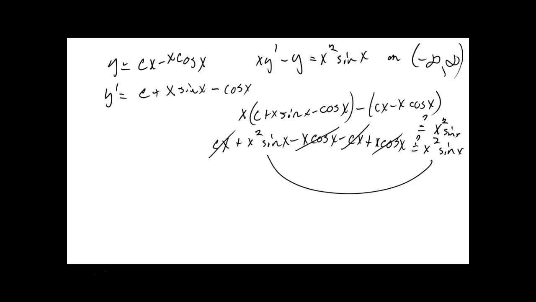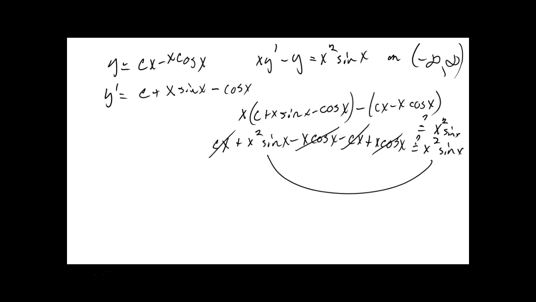Why not? And they have graphed them here. That thing right there, Cx minus x cosine x. Notice when x is 0, that whole thing is 0. So everything goes through x equals 0, y equals 0, the point (0, 0). Everything goes through that.